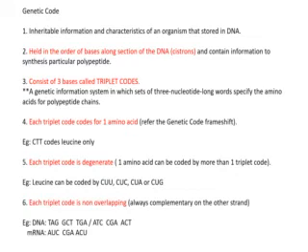Now, the characteristics of this genetic code. Each triplet code codes for one amino acid. The same goes for codon and anticodon. Let's take an example: CTT.